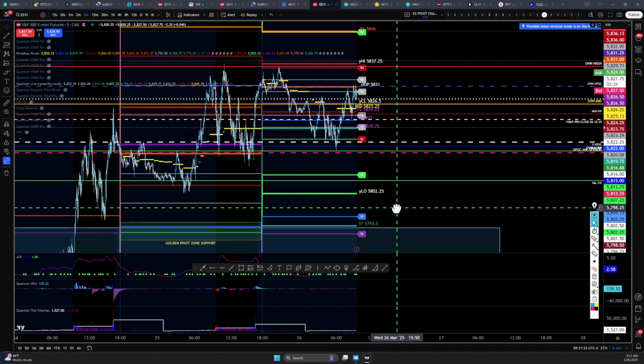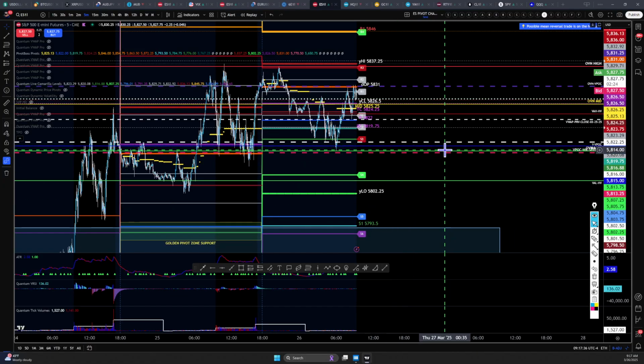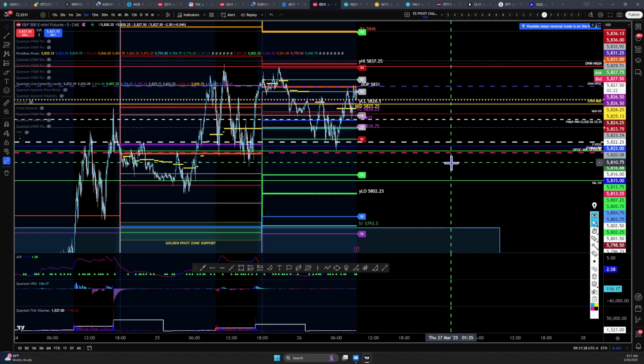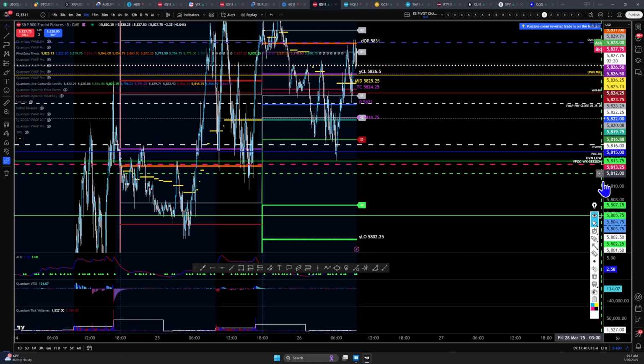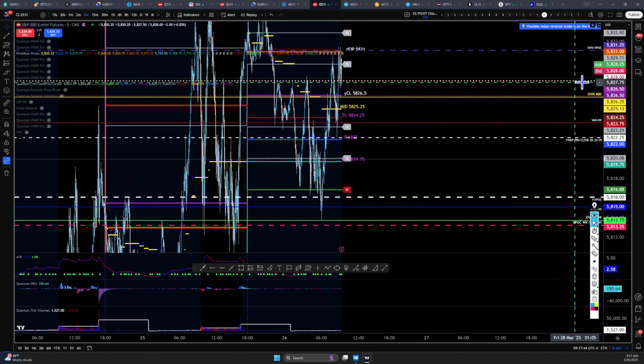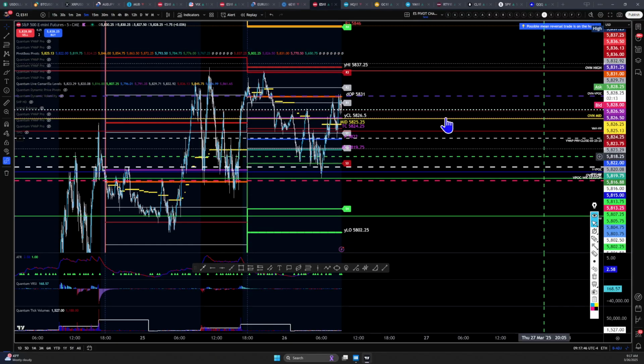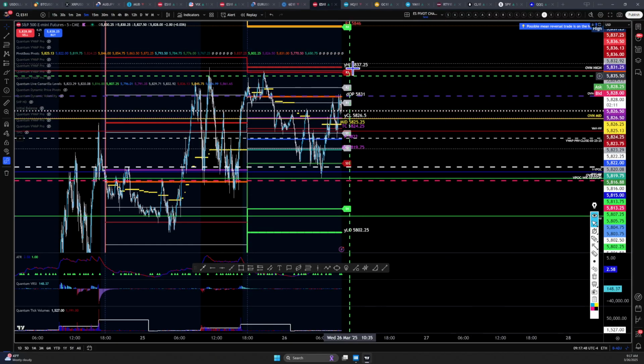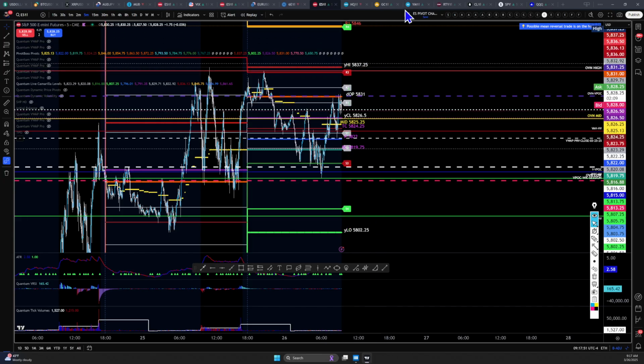Let's see. Overnight low is 58.14, 58.13.75, right? So basically looking for a fade around Camarilla R3 if it develops a distribution pattern. If it breaks out, we take a long.